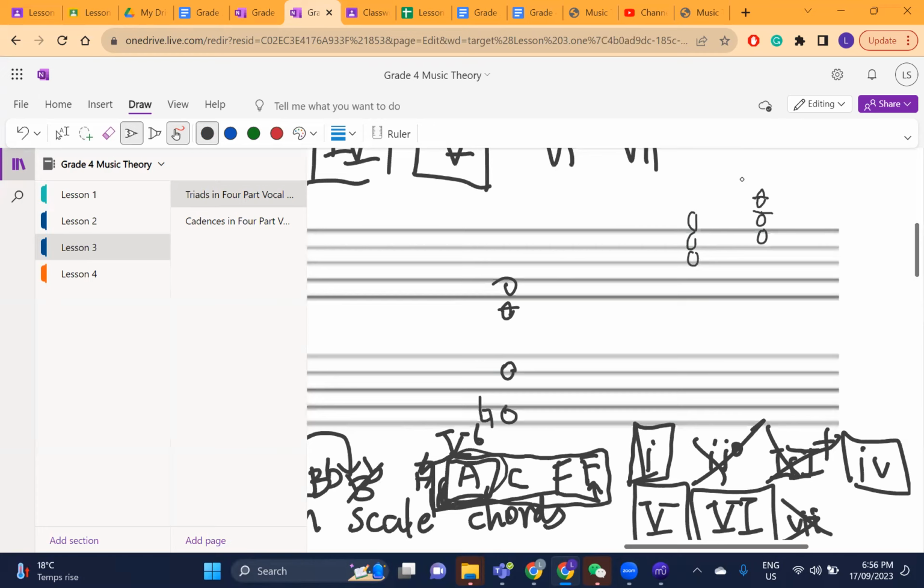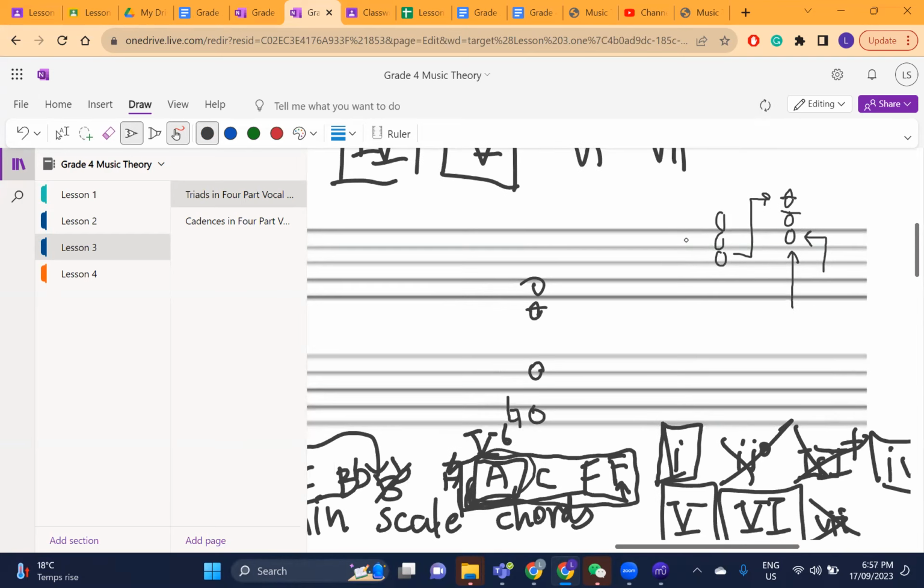EGC in first inversion. So that means in first inversion, the bottom note goes to the top. Essentially, the only rule for first inversion triads in four-part vocal style is that the bottom note, just the original third of root position, has now become the root of the triad. So that means this has to go in the bass, right? So that is the only change. That's the only thing that's changed about a root position chord in four-part vocal style into a first inversion chord.